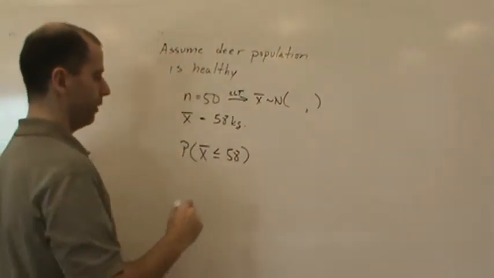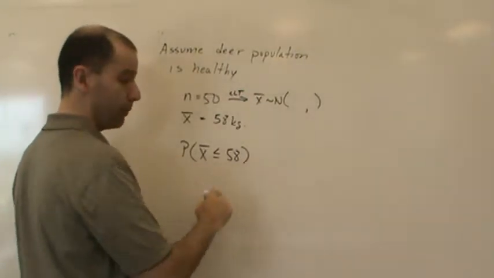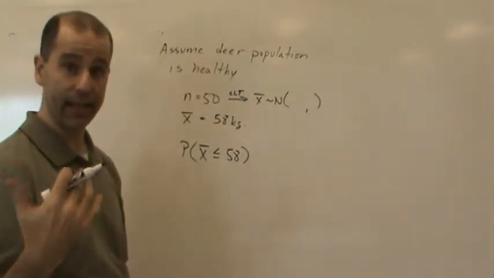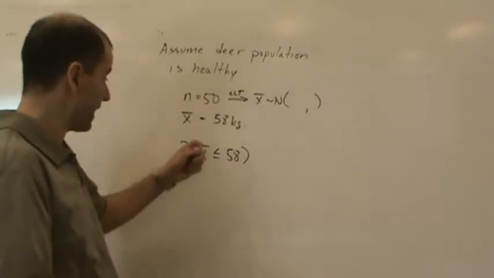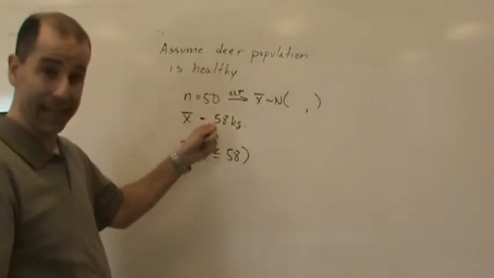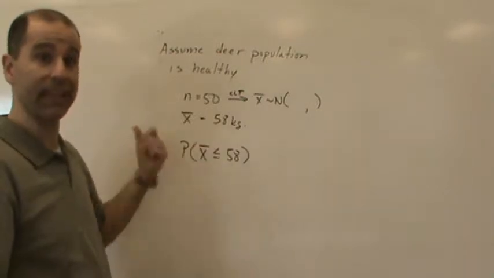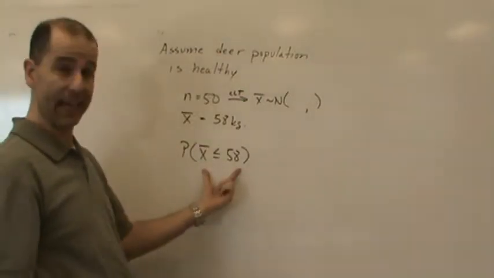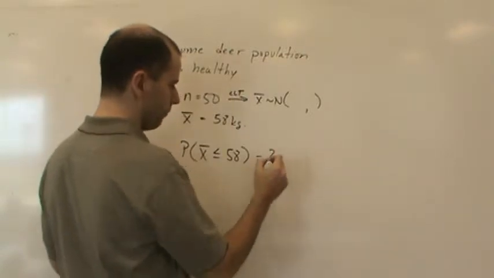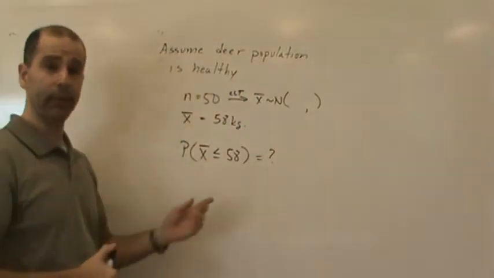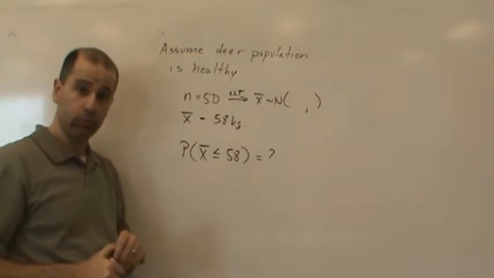And we're going to find the probability of getting that sample. So we got that sample, right? So what's the probability of getting this sample statistic or something that's even more extreme? Well, that's this. And so if we find this probability, what if that probability is really, really small?